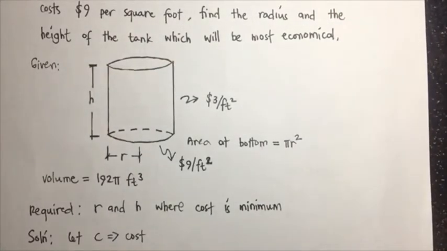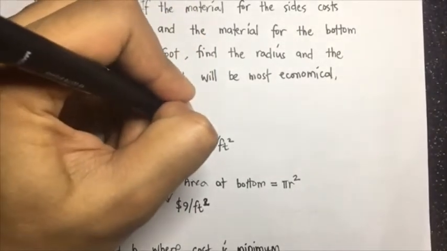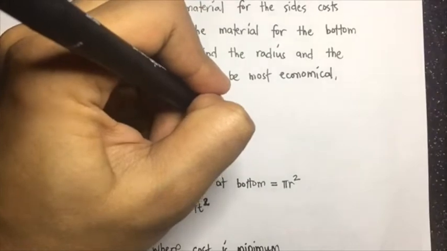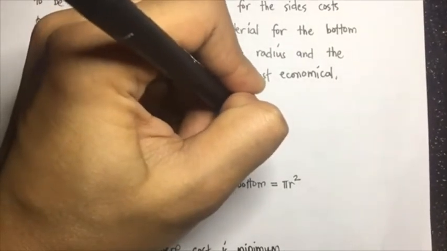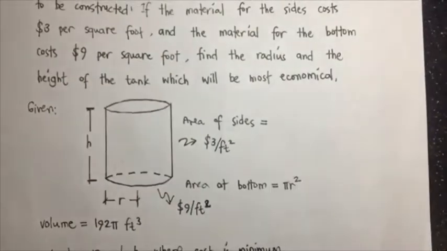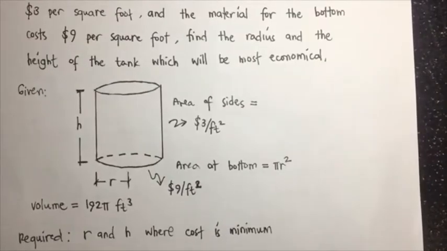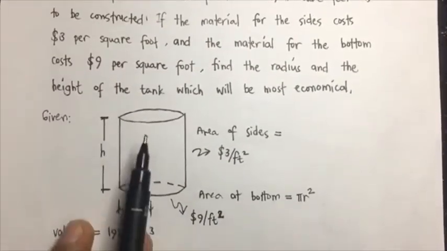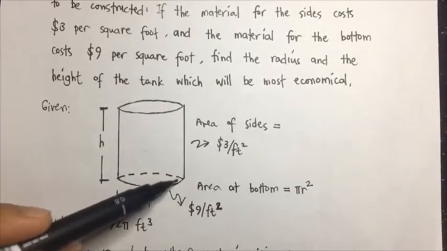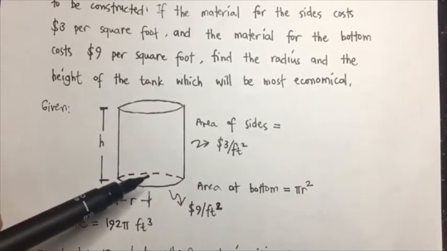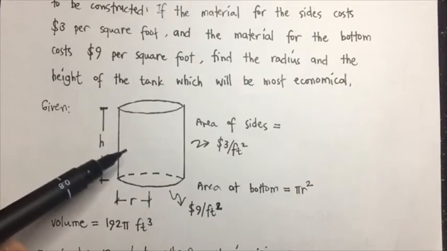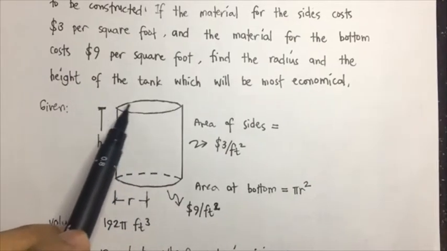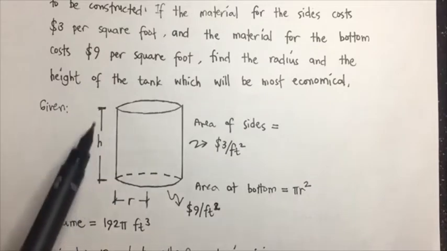Okay, so for the area of the sides, it will be the lateral surface area of a cylinder. If you recall the formula, the lateral surface area of a cylinder is equal to the circumference of the circle multiplied by the height.